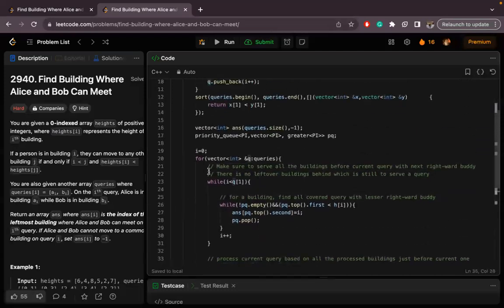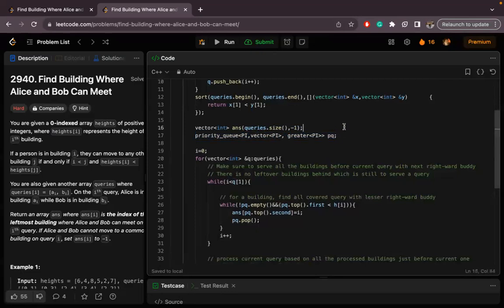Okay, let's look at the overall. So here what we are doing is we have already sorted queries in terms of indexes. Also, we are having priority queues, but priority queues will keep elements on the basis of heights, right?